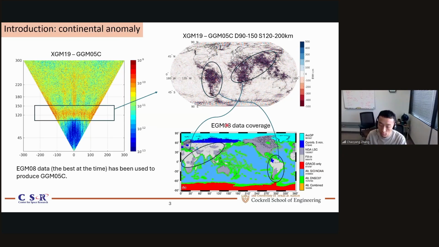And we find some correlation with the EGM2008 data coverage, as you see in those white-gray areas where we don't actually have data in EGM2008. So we feel that GGM05C is probably over-constrained towards EGM2008.